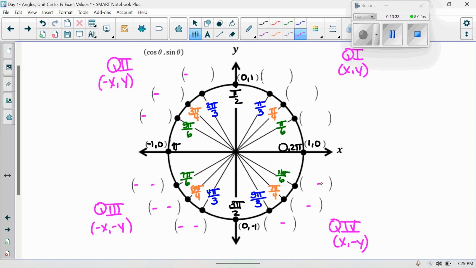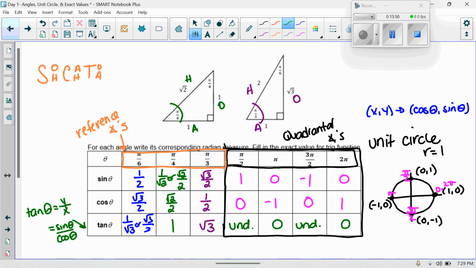So if you know your quadrant 1 angles, you know everything. What do I mean by that? If I know the cosine of pi over 6 and the sine of pi over 6, which remember goes back to this table here, if you have these memorized, you're good to go.